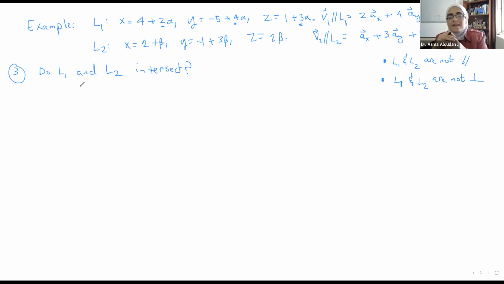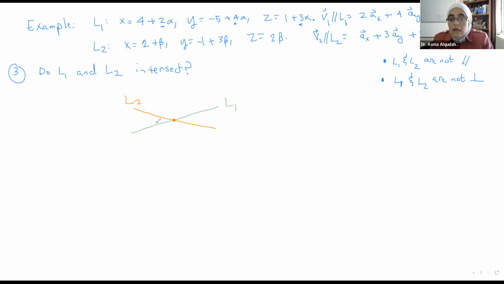Okay, if two lines intersect, then at the point of intersection, let's use colors for this. Let's use this green color for L1, and this orange color for L2. Now if these two lines intersect, then there is a point of intersection that lies on both of the lines.